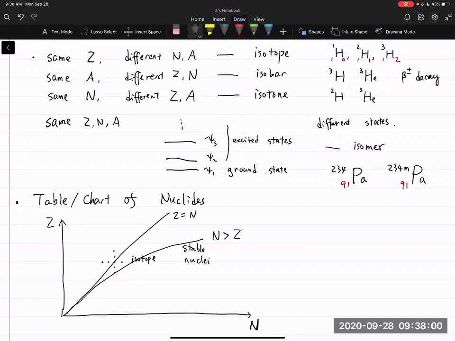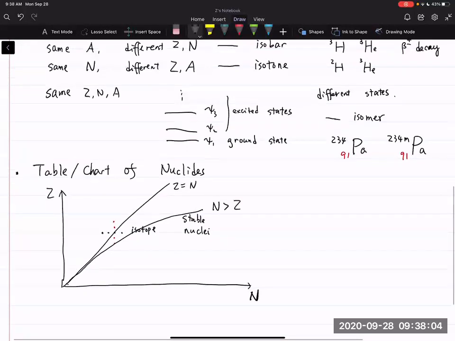So one important task after learning this chapter is to understand this chart of nuclei. As nuclear engineers, we need to understand the chart of nuclei, just as a chemist needs to understand the periodic table.